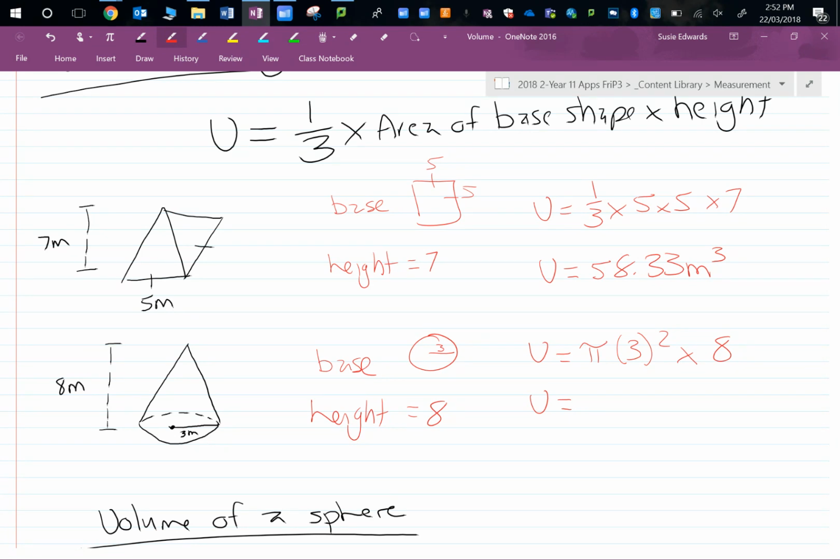Say it again. 326.819. Thank you very much. Was that the same? Okay. All right. So pi r squared, because that's the area of that circle, times by the height, which is the 8.